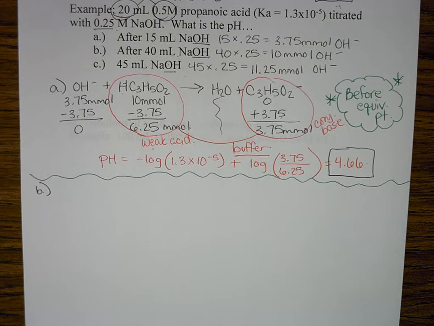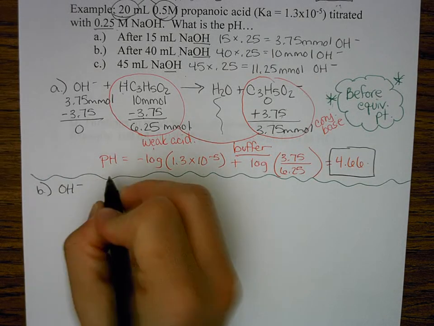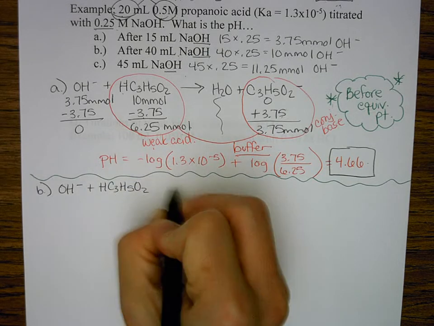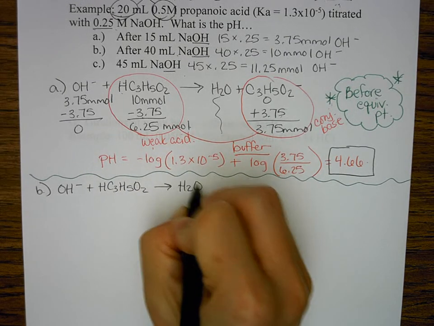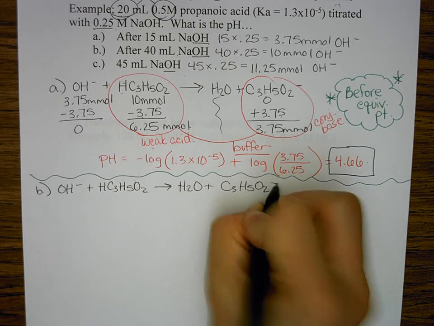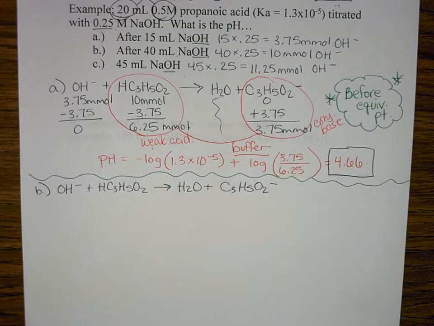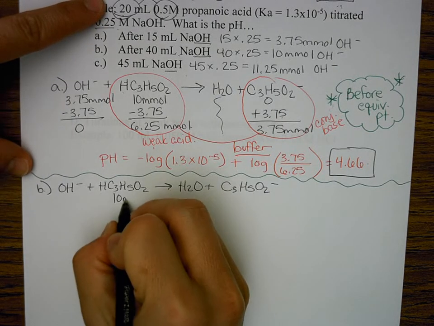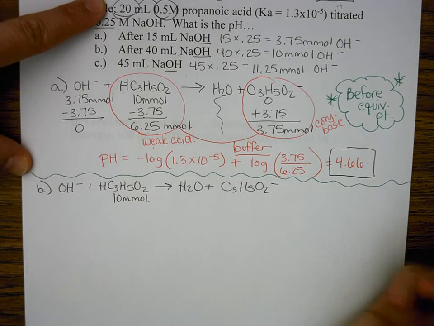So you have to start the same way. You have to start with your equation. You have to start with your millimoles of everything. So I'm going to go ahead and rewrite this equation. So hydroxide plus propanoic acid gives you water and propanoate. My millimoles of propanoic acid are the 10 millimoles that I got from the 20 times 0.5.